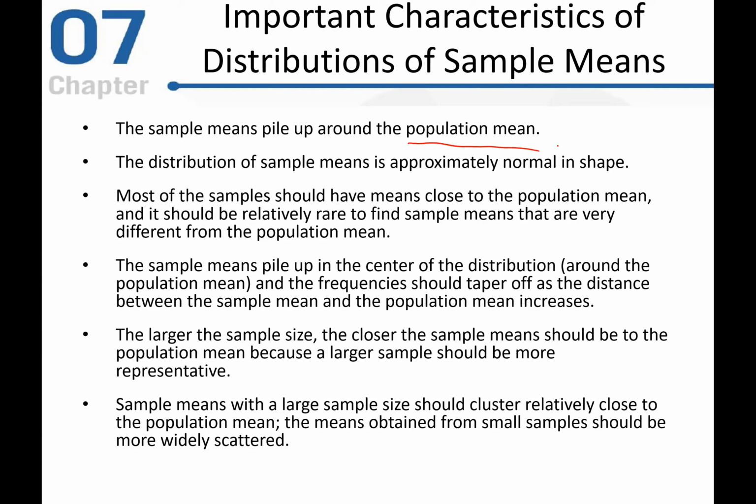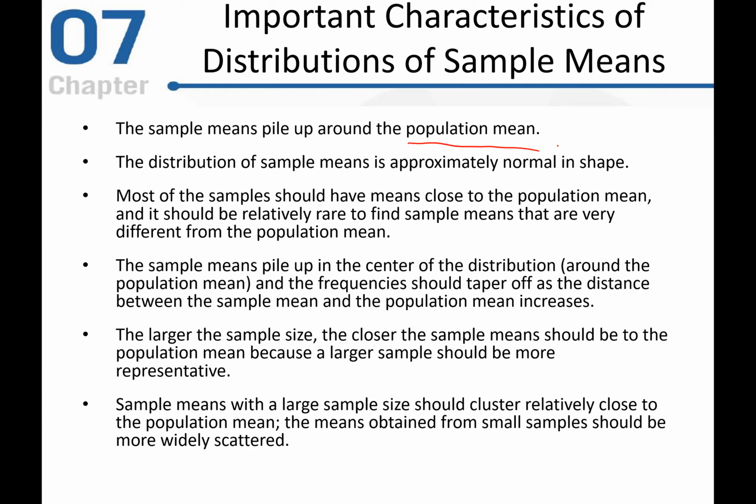Now, the larger the sample size, the closer the sample means should be to the population mean, because a larger sample should be more representative. Think about it, a good example of this.